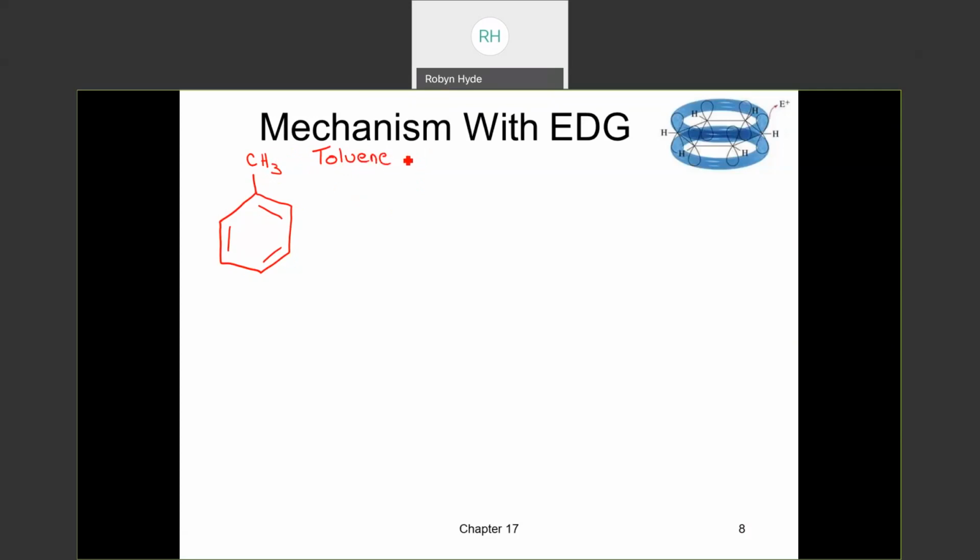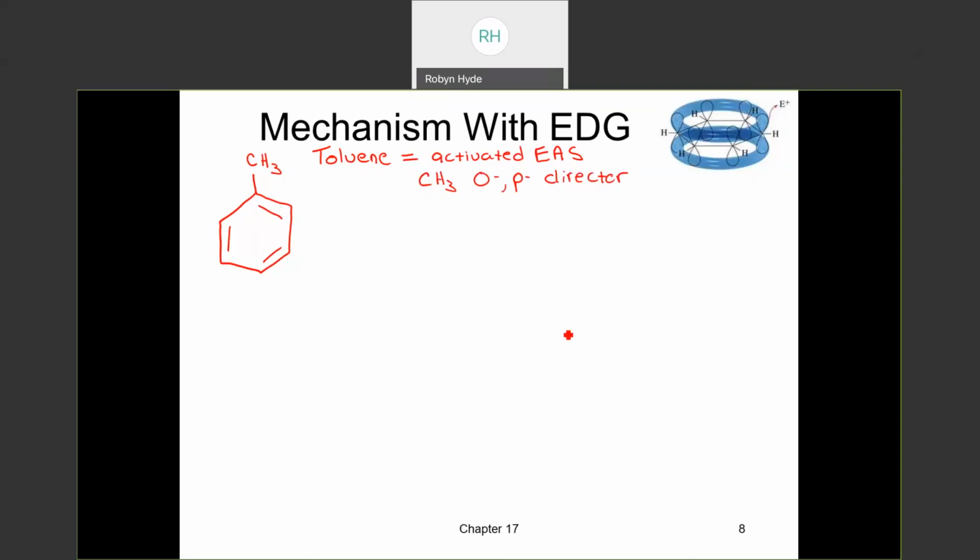So toluene is activated towards chemistry. And let's be specific, it is activated to electrophilic aromatic substitution chemistry. And we would say that the CH3 group is an ortho para director. So what can the chemistry look like?